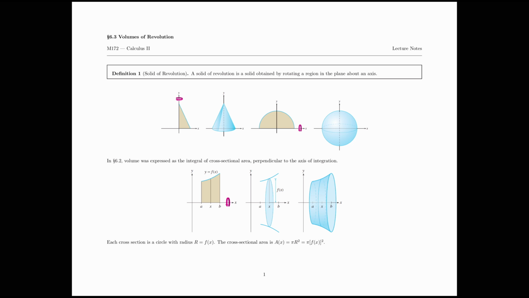So for volumes of revolution, the idea is that we can take an area in the xy plane, such as this triangle, and we can imagine rotating it about an axis, such as the y-axis. You can actually construct this. You could take a wooden dowel or some sort of rod, and take a piece of cardboard, cut it out so it's a triangle, and tape this edge to the rod.